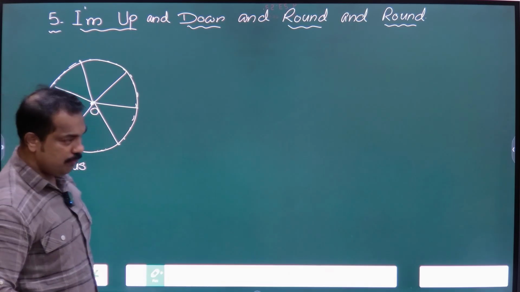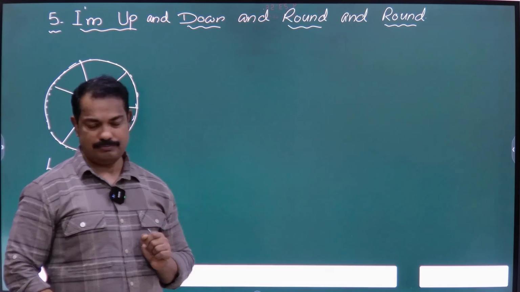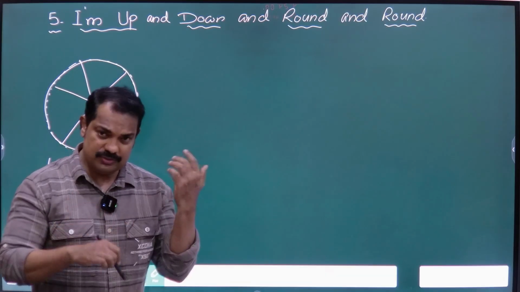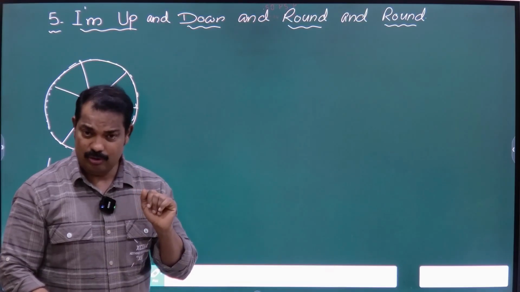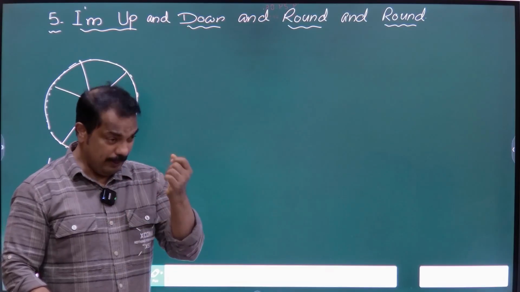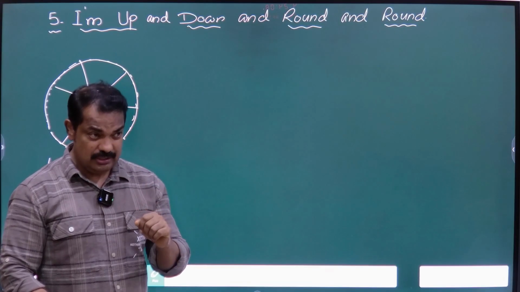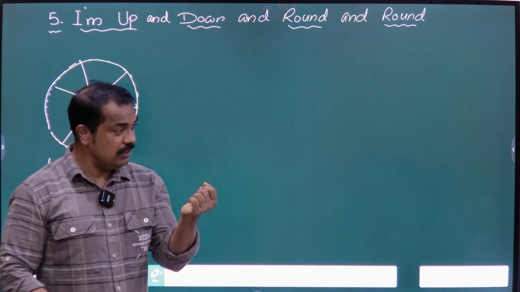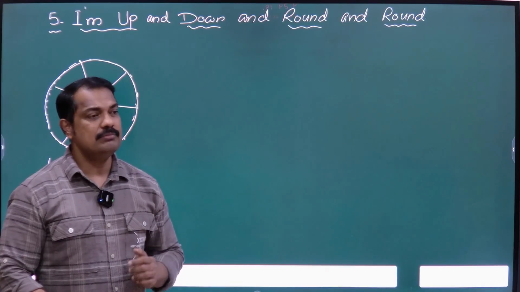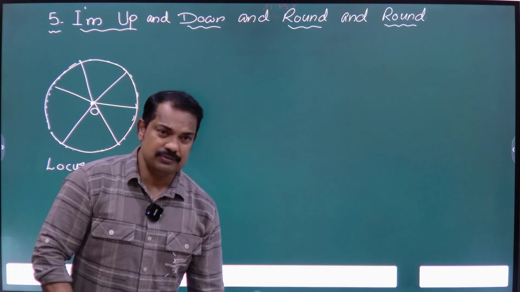O. That given point is O, and it lies on the same plane. The set of all points on a plane that are equidistant from a given point on the plane is called a circle. That is the definition of a circle.